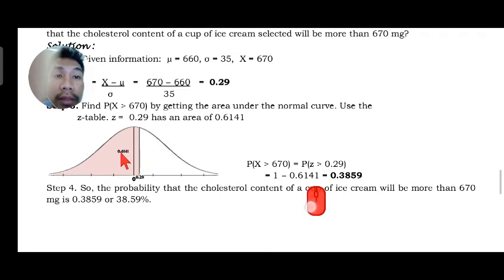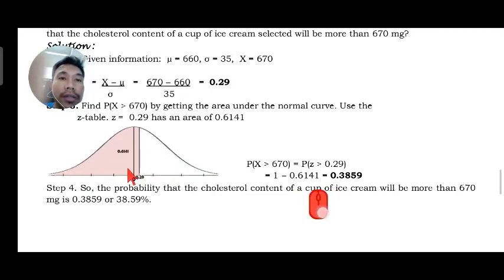The area of our answer is this white region, because the probability of x must be greater than 670, so the area above, not below. But we can use this area to find that area, because we know the total area of the normal curve is equal to 1.